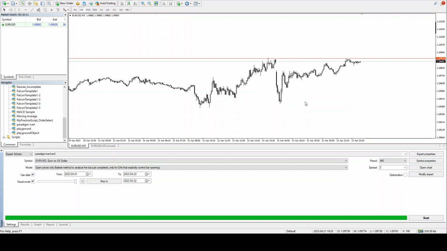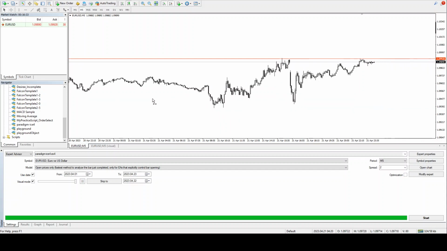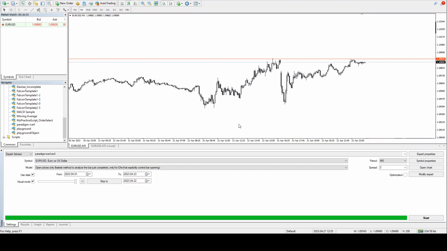So I'm going to run it using 8 cap. What you should also understand is that the results you get when you backtest this are going to be different across different brokers, because the data feeds are different. There are different highs and different lows. They don't always have the same price point.